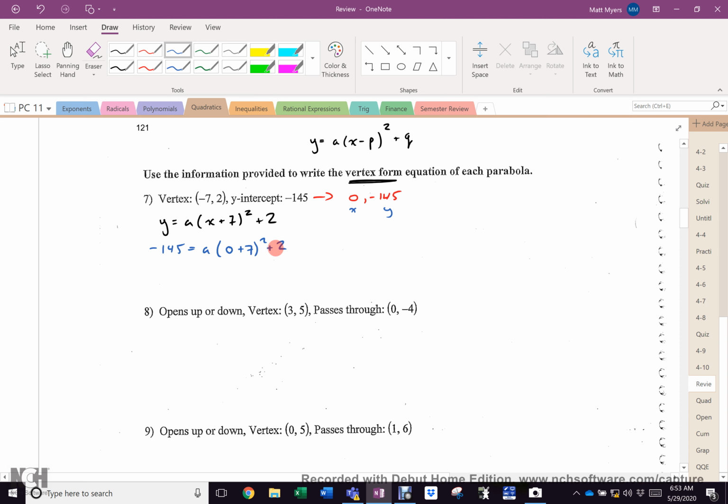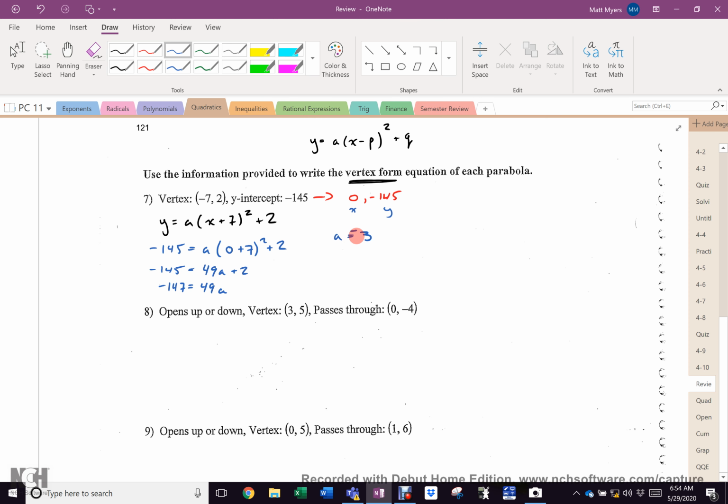So let's solve this. Negative 145. 0 plus 7 is 7 squared. 49a plus 2. Take 2 away from both sides. Negative 147 equals 49a. And a equals negative 3.